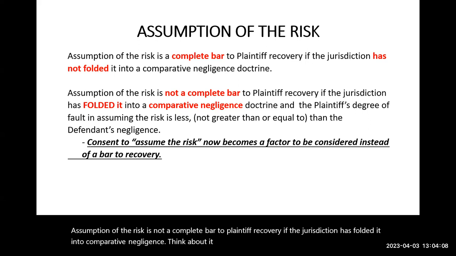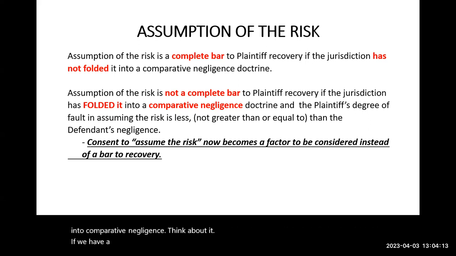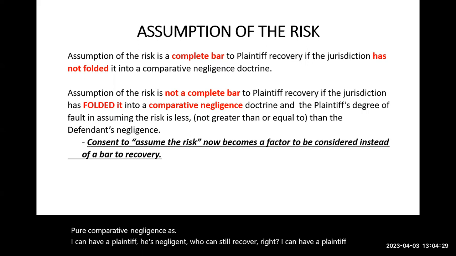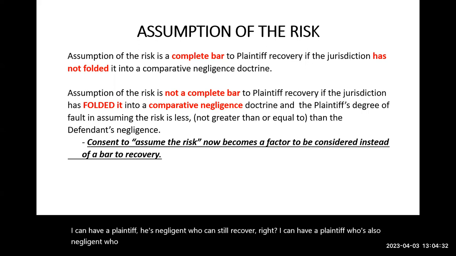Think about it. If we have a comparative negligence doctrine, what does comparative negligence say? Pure comparative negligence says I can have a plaintiff who's negligent who can still recover, right?